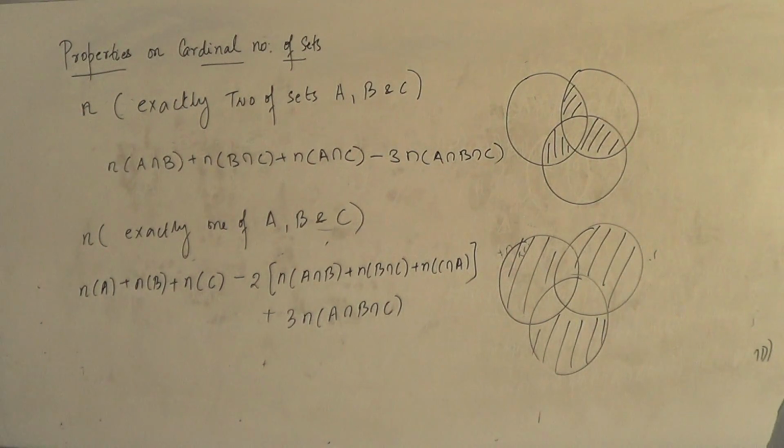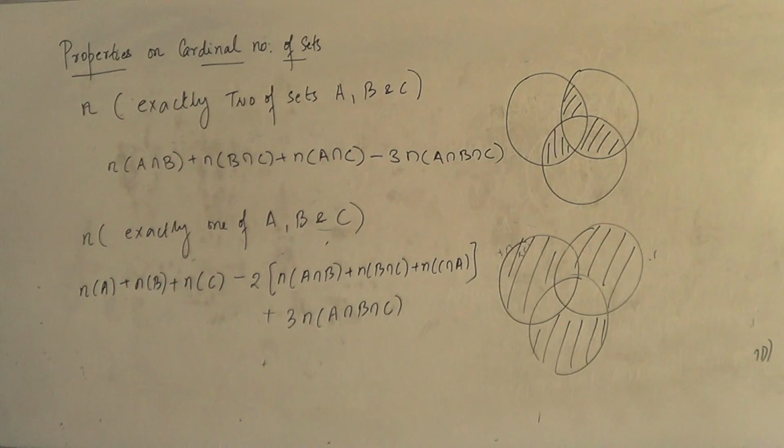problems based on this. So now when you draw the Venn diagram for that, first you have n of A and all that, and then when you subtract 2 times n of A intersection B, when you do it on both sides, you don't need to add it again, right? Because when it's subtracted, there's anyway nothing to subtract.